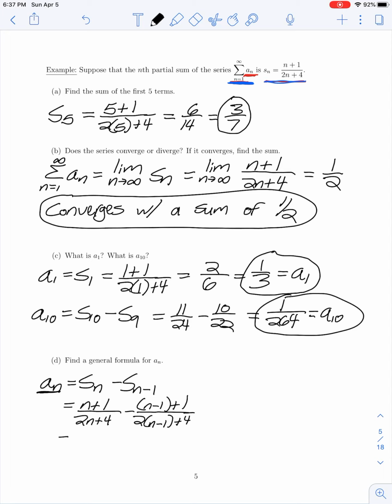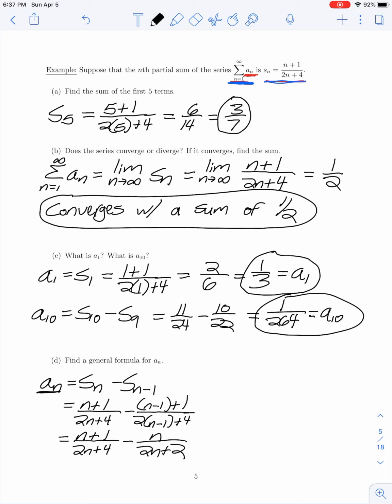So if we simplify a little bit, this leaves us with (n + 1) over (2n + 4) minus n over (2n minus 2 plus 4), which gives us 2n plus 2.